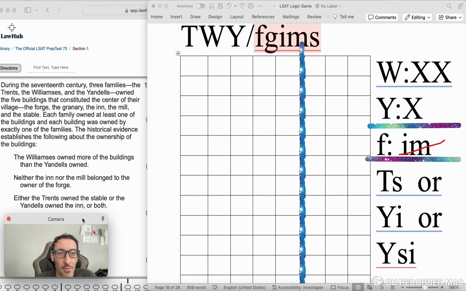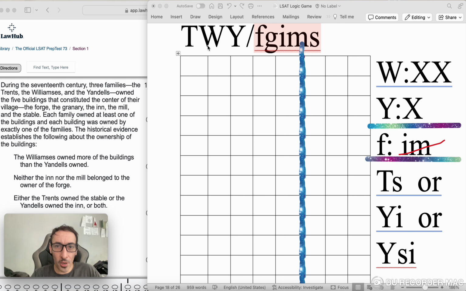The historical evidence establishes the following about the ownership of the buildings. So I went ahead and put the variables on top, T, W, Y, as in the three families, and then I put the letters F, G, I, M, S on the right side, symbolizing the five buildings that need to be owned.